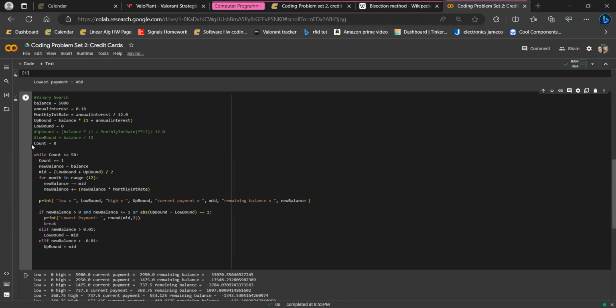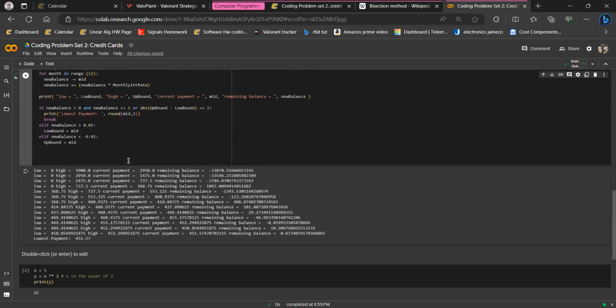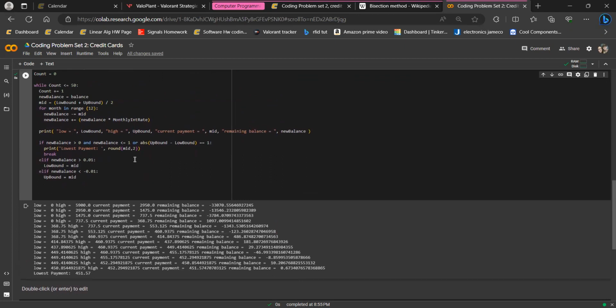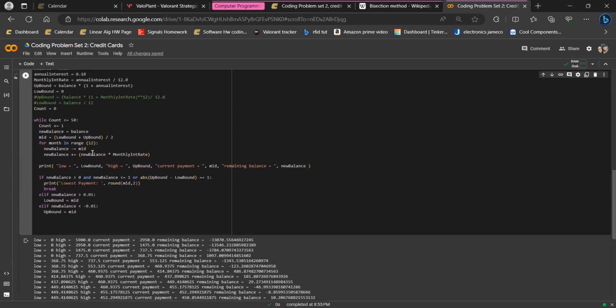For my iteration here, I had a counter, and I'm saying that while the count is less than or equal to 50, much like the professor's video, I wanted to have iterations. But I listened to what he said: if there's going to be more than 50, then perhaps you have done something incorrect. Then I just increment count. I create a local variable, new balance, which is equal to balance.